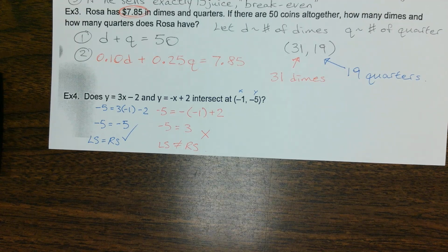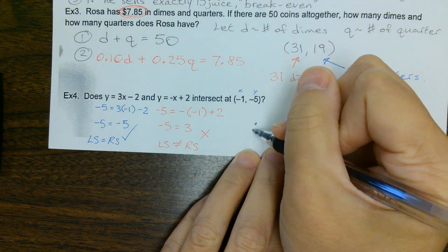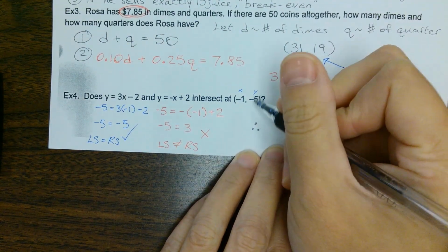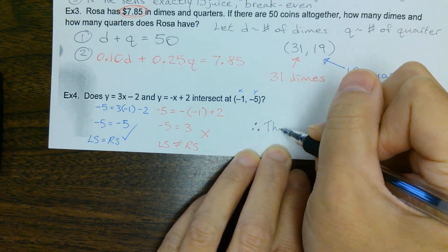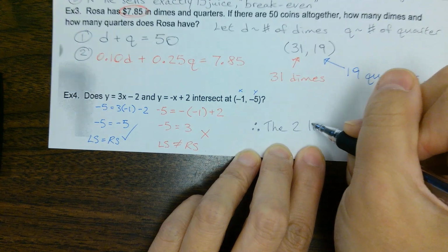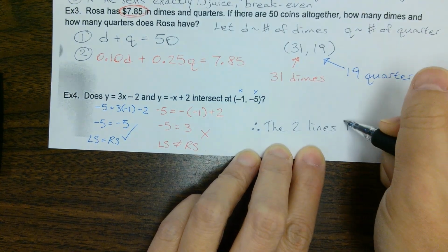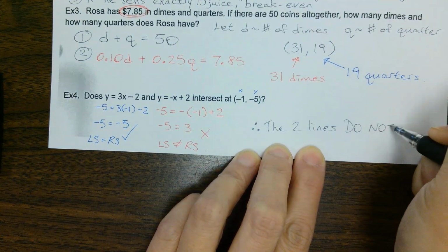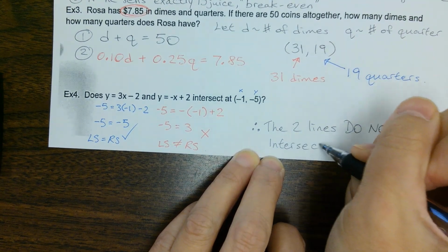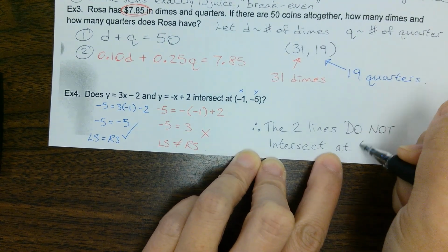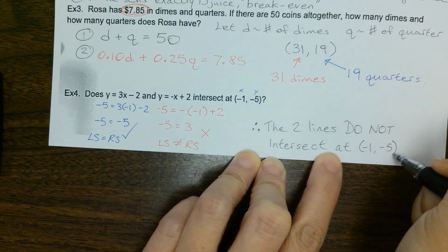Therefore, it doesn't mean they don't intersect. It means they don't intersect at this point. Therefore, the two lines do not intersect at negative 1, negative 5.